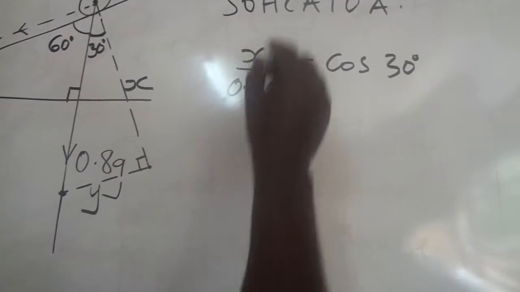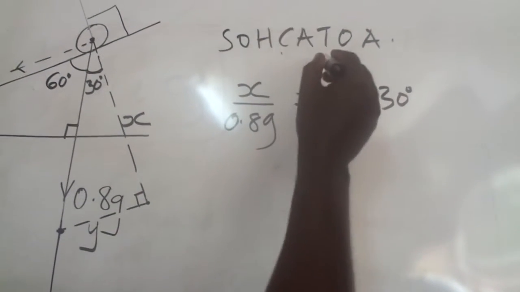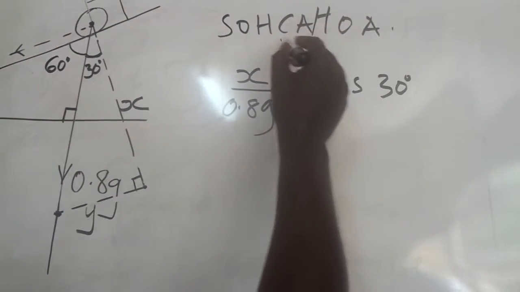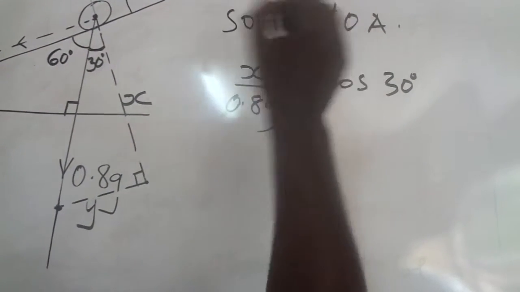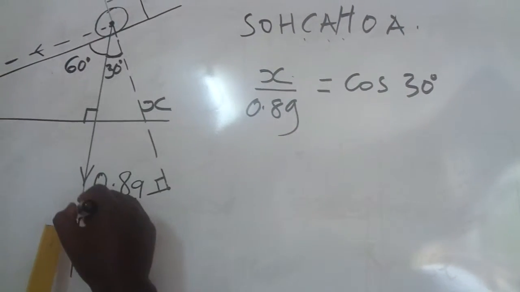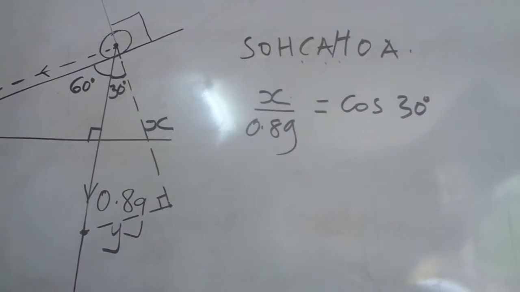Cosine is adjacent divided by hypotenuse, so x = 0.8g cos 30°.